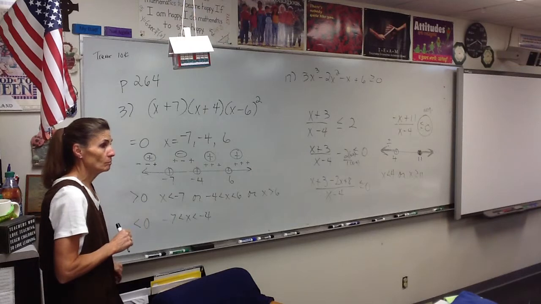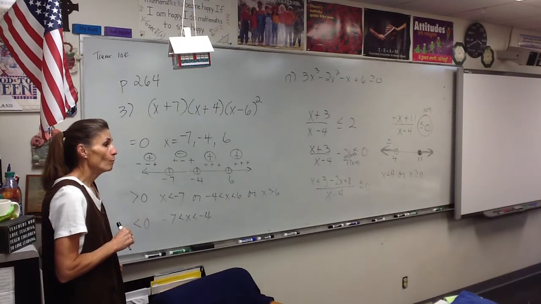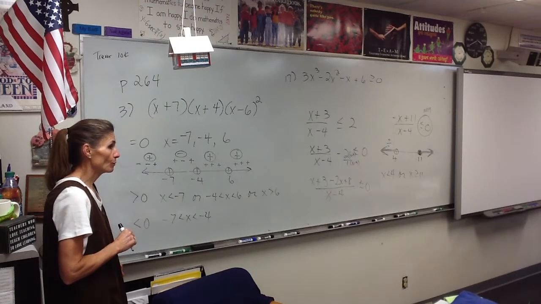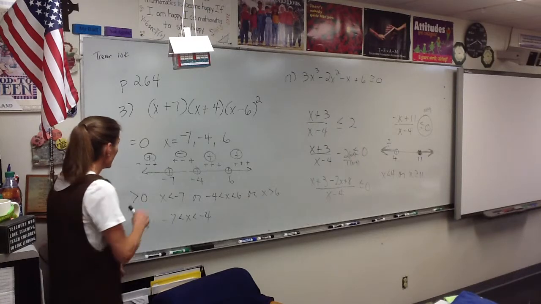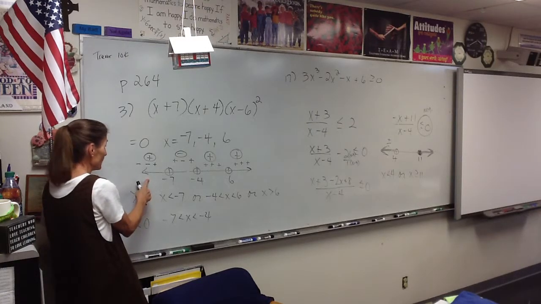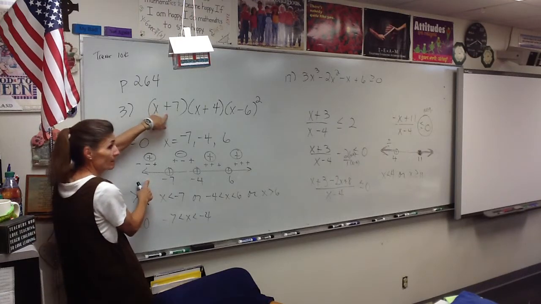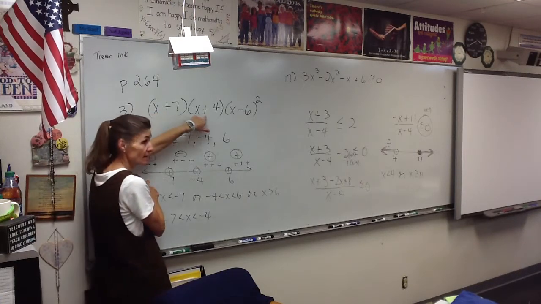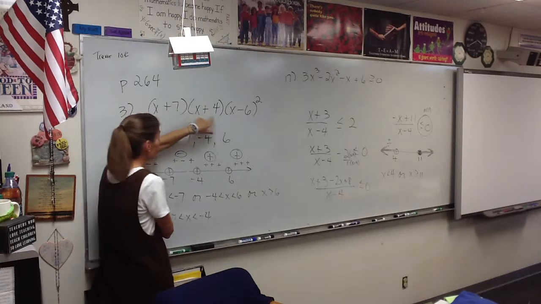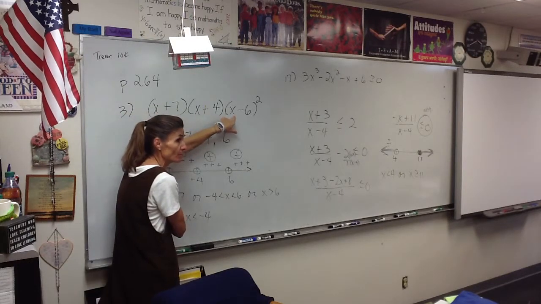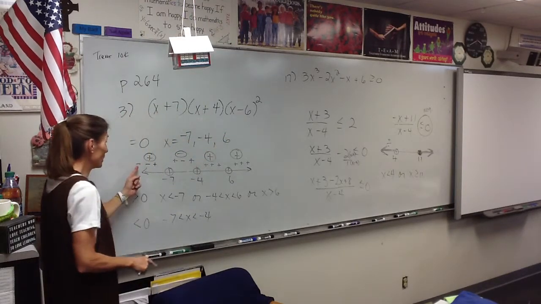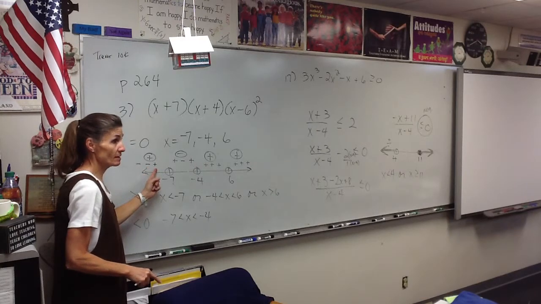I don't understand why that one section's negative and the last one's not. Well, I can't remember what I put in, but let's say we put in -8. You did. That would make this negative. It would make this negative. And it would make this positive. What happens when I multiply a negative times a negative times a positive?